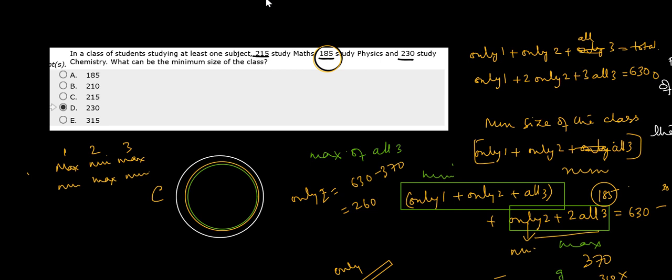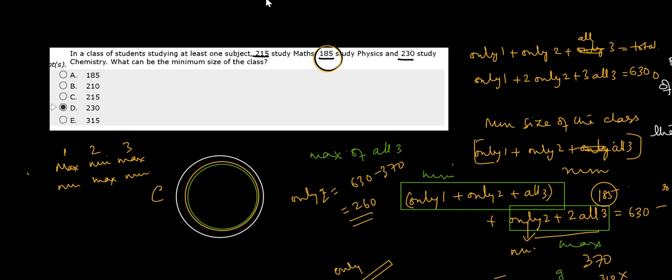Yes, sir. So that means only two would become 260.